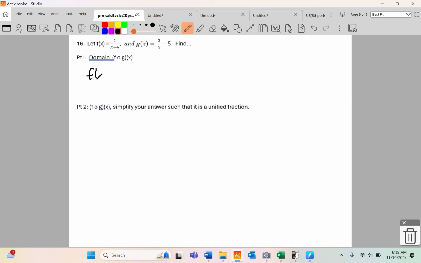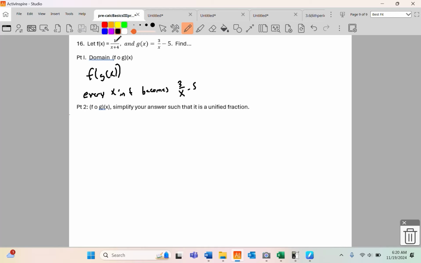So the classical notation here is that. So what this is saying, it's saying every x in f becomes g of x, which is 3 over x minus 5. I just had a brain fart.